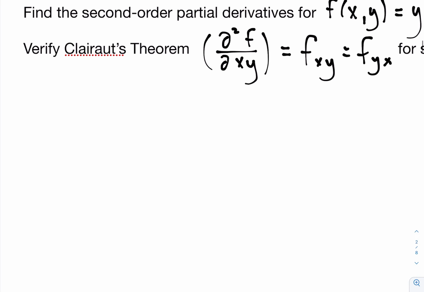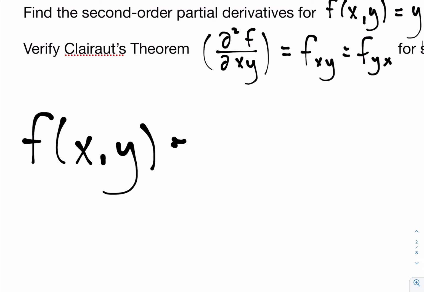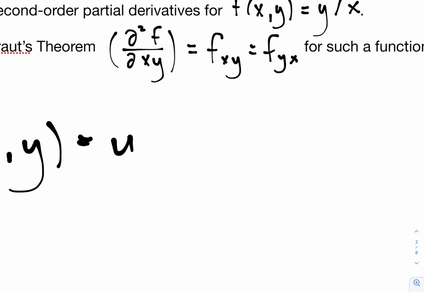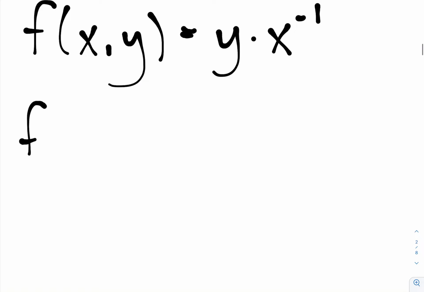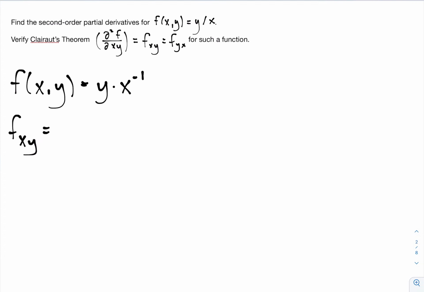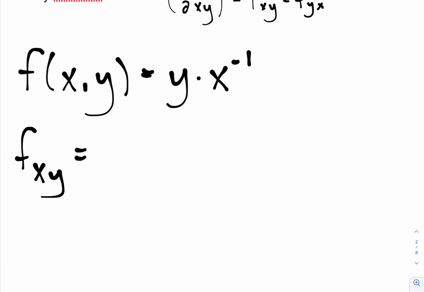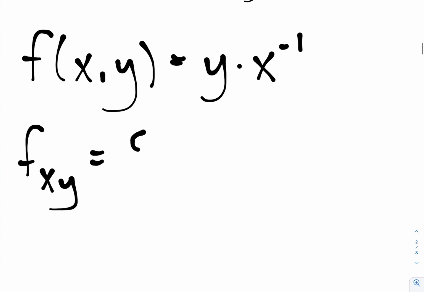So I'm going to rewrite the function here. f of xy equals y times x to the negative 1. Remember, we're going to write that as an exponent. The order that we differentiate this is going to be from left to right, so we're going to differentiate with respect to x first.